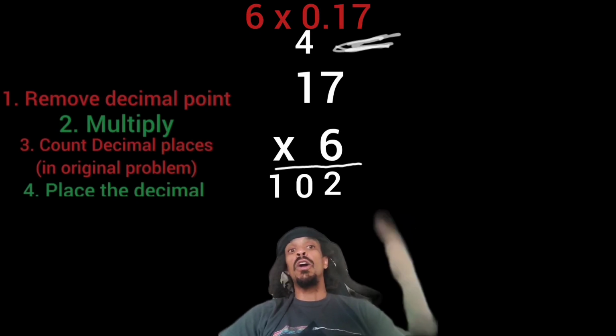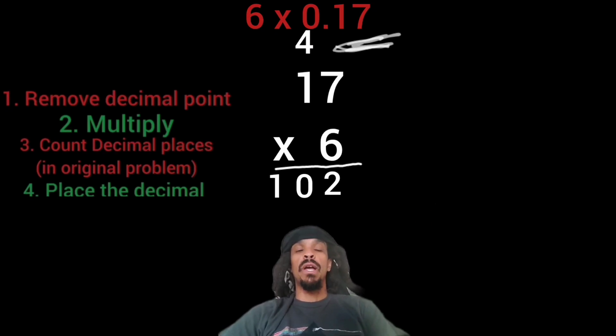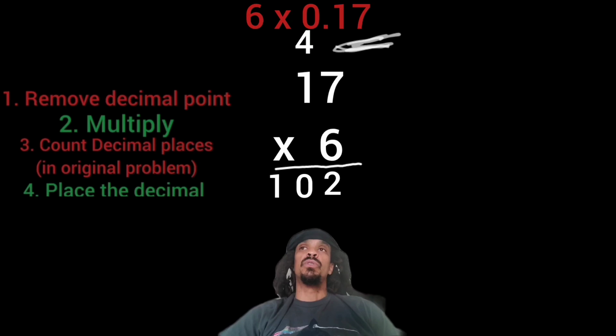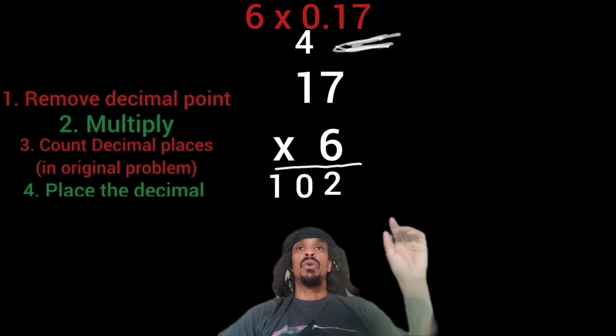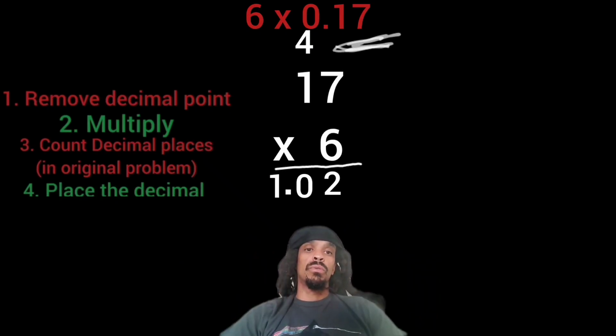That's our third step. That means in our answer there has to be 2 decimal places to the right. So we go back to our answer, 102, and the decimal point goes in between the 1 and the 0, because we have 2 decimal places. Does that make sense?